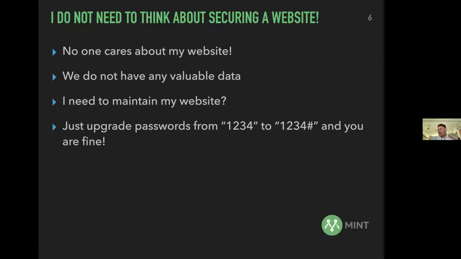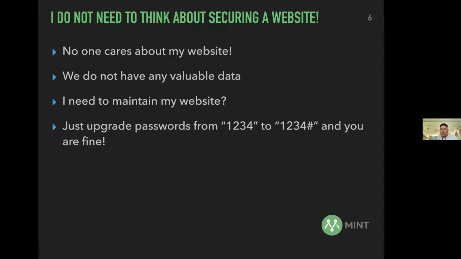You deploy a website and it will just run forever. Unfortunately, that is not the case. Unfortunately, we live in days where websites are not something that is sitting on some server and no one cares about. They are the extension of your business, or they are your own business, and you need to rely on them very closely.